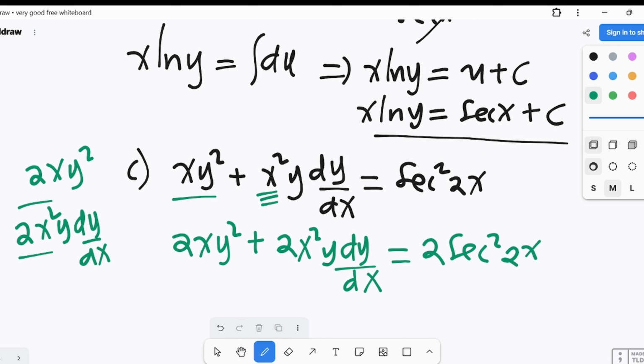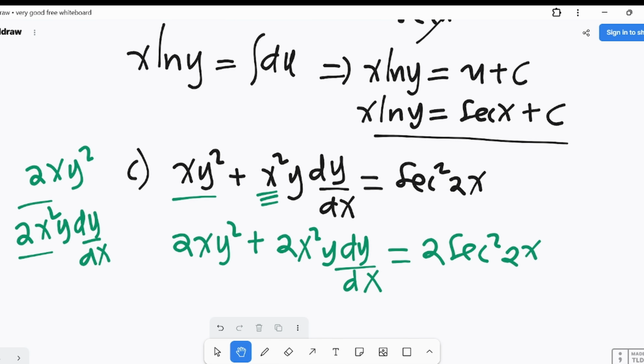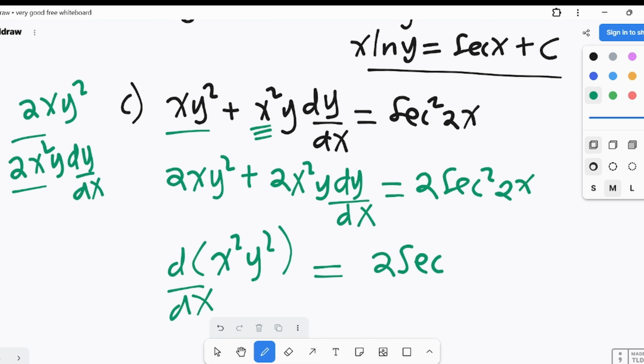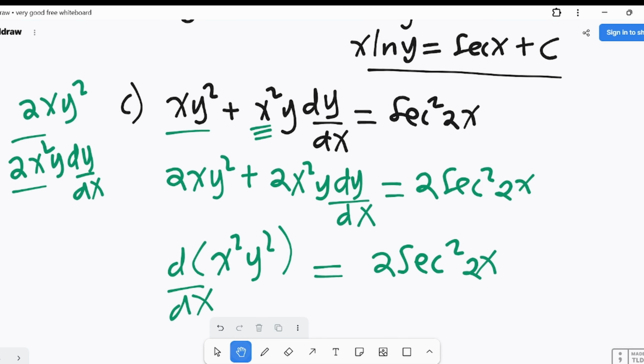So you have not changed anything. However, you are doing math. So this one can be known where it came from now. It came from x square y square with respect to x is equal to 2 sec square 2x. So we do the integration.